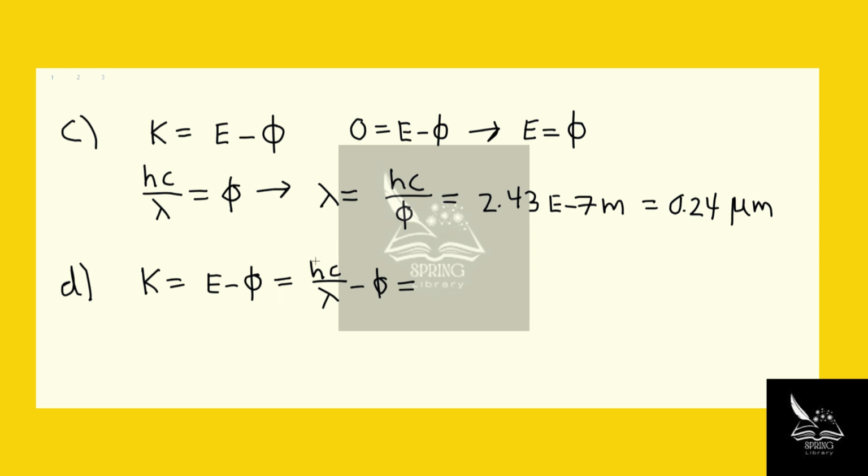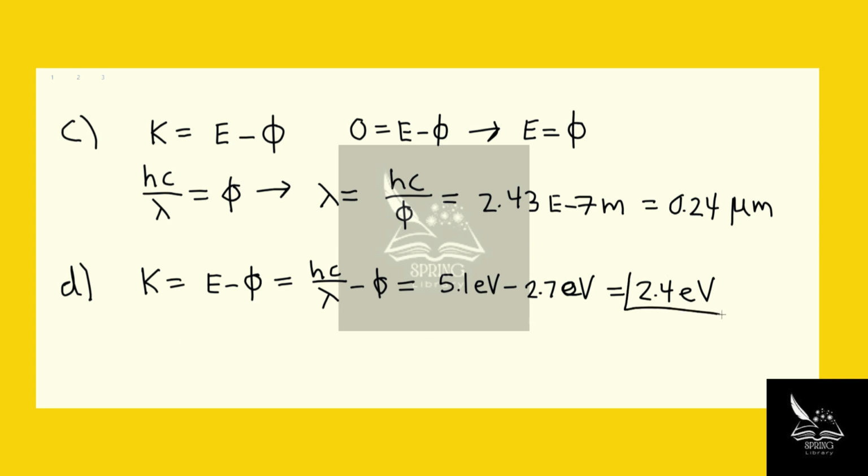And this hc over lambda would simply be the 5.1 eV for gold. Subtract the 2.7 for sodium, electron volts. And that difference would be the kinetic energy of photoelectrons for sodium if we shine the light associated with gold.